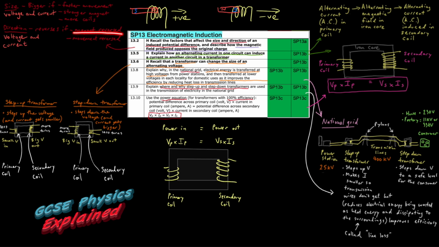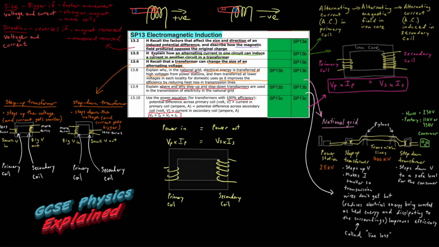So if the magnet gets reversed or the pole gets reversed, that'll reverse the voltage and current. Just remember the word reverse. If you reverse the movement, it's going to reverse the voltage and current. Or if you reverse the magnet, it's going to reverse the voltage and current.